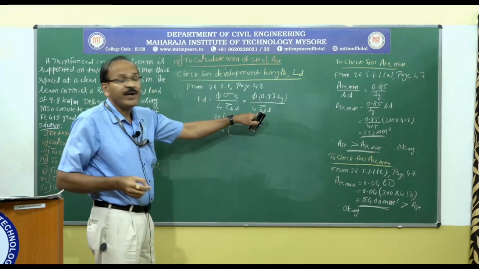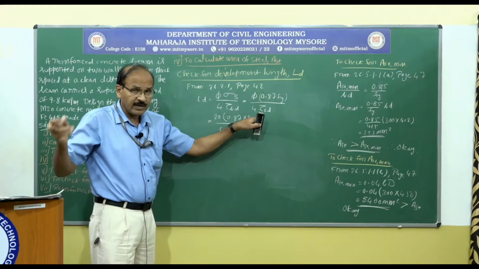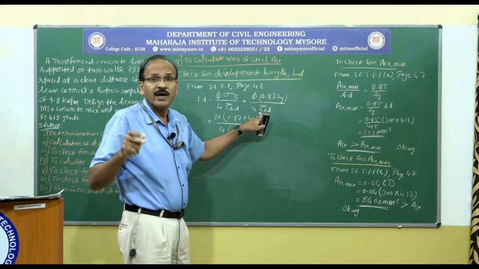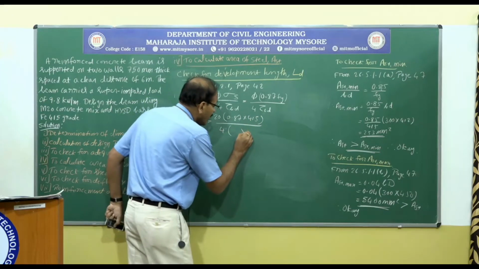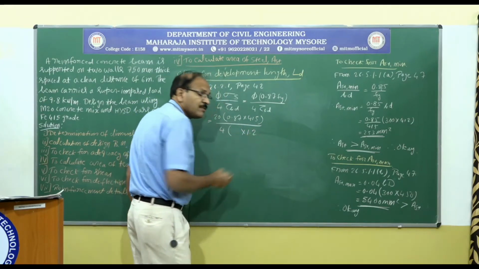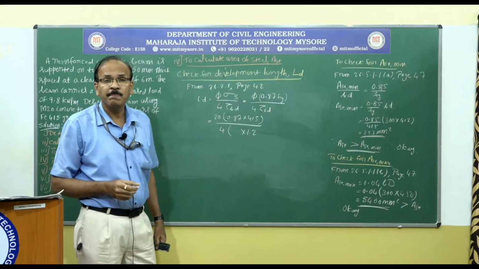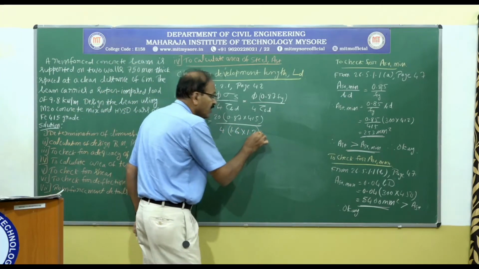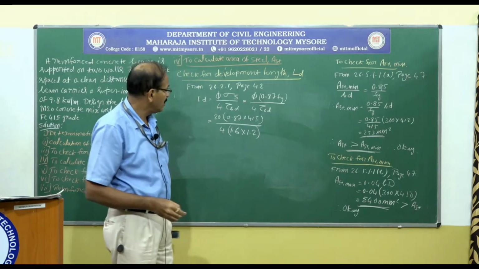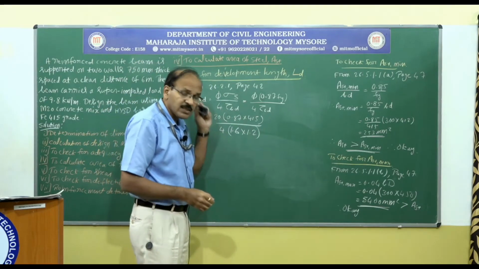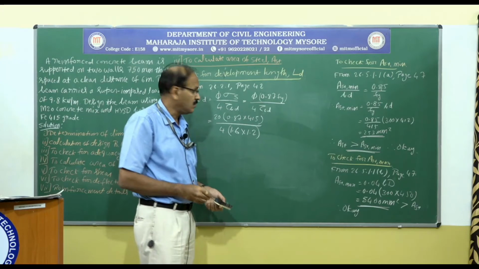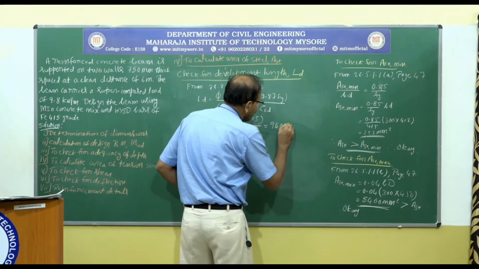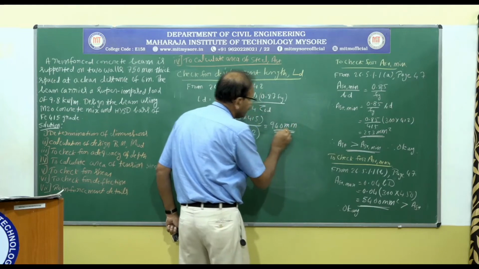So tau Bd value from again 26.2.1.1, from that table it is 1.2 Newton per millimeter square. I am increasing that by 60% for HYSD bar. So this is 1.6 multiplied by 1.2. Finally, I am going to get this value equal to 940 millimeter.